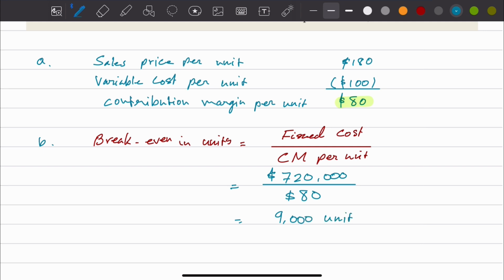What does that mean? That means that the company needs to sell 9,000 units in order to break even, meaning that at this particular level of sales, they will have revenues that exactly match their total costs. All right, so their profit is going to be zero in that case. All right, so that's requirement B.